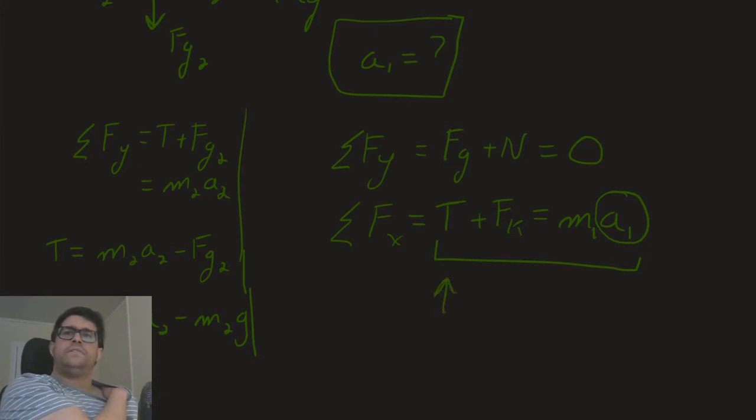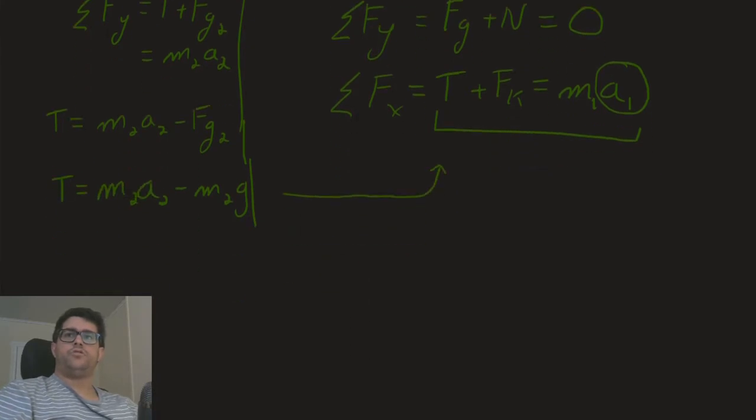Can we change this t over here for all of this? Right? Can we change the t here for that? We should. So we'll write T plus fk equal M1 A1.